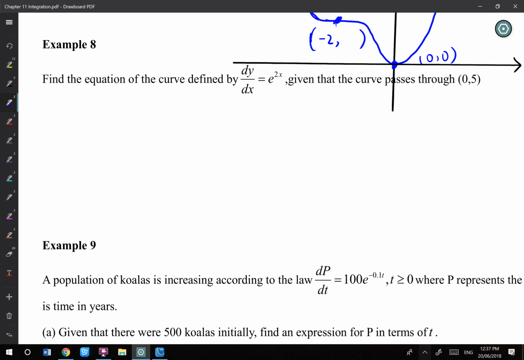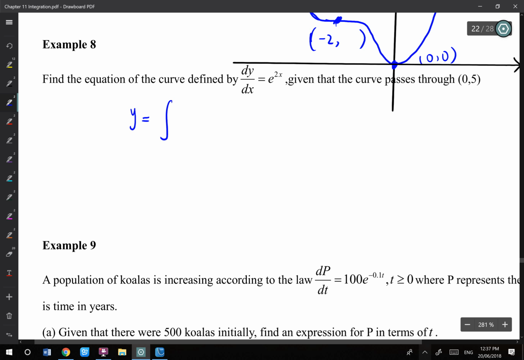We should have a plus c at the back every time we do an indefinite integral. If we are given a point, I can find the c value by substituting that point in. So y equals the integral of e to the 2x dx, so y is a half e to the 2x plus c.